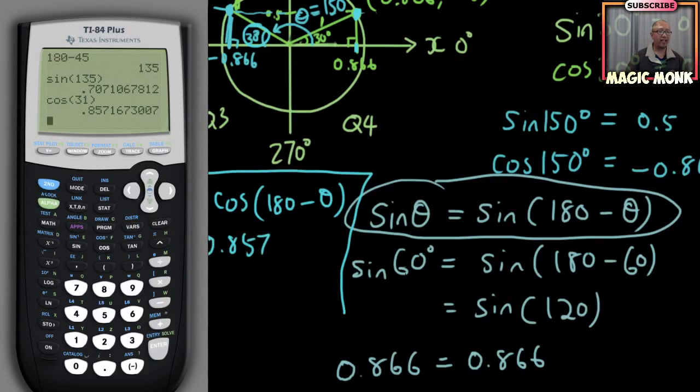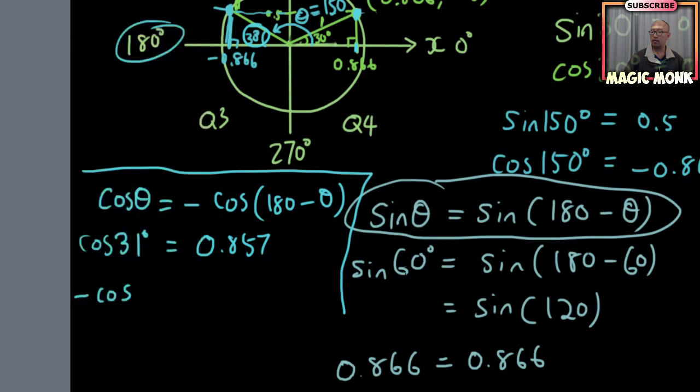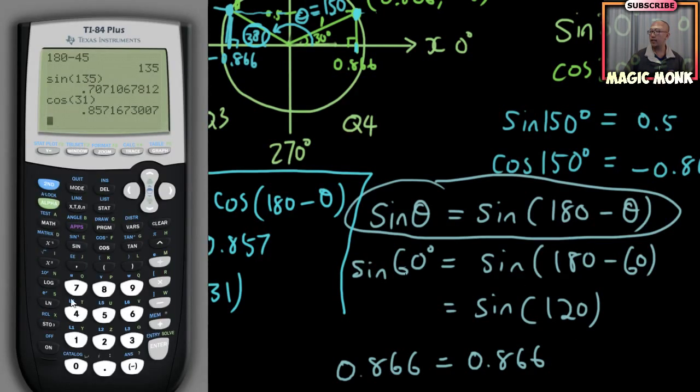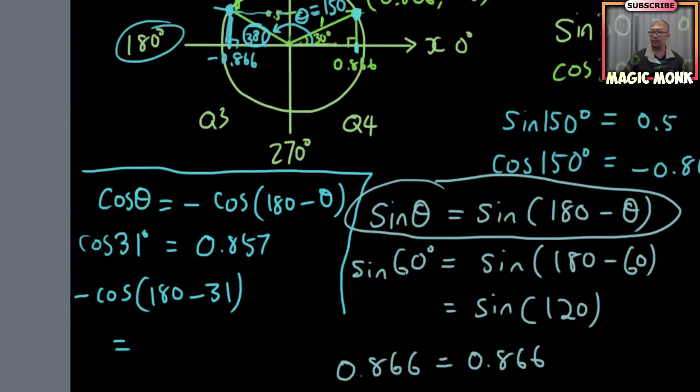And if I do negative cosine of 180 minus 31, that's 0.857 again.